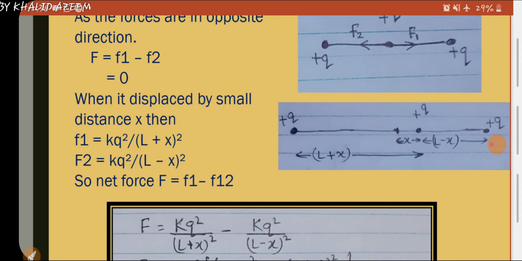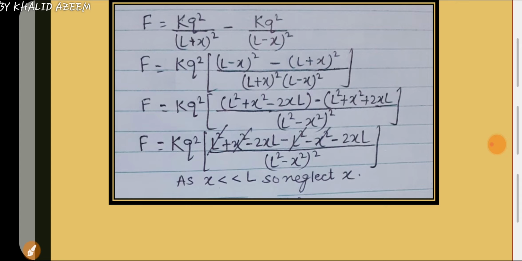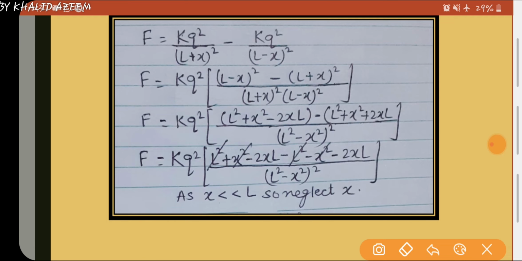Similarly, F2 will be given by kq square upon L minus x to the power 2. So the net force will be given by the difference because the forces are in opposite directions. So I am writing F1 minus F2. Now F equals kq square upon L plus x to the power 2 minus kq square upon L minus x to the power 2.